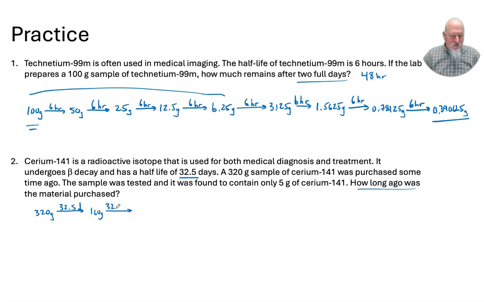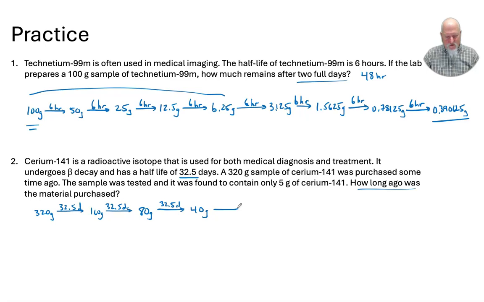If we wait another 32.5 days, we lose another half, so 80 grams. We wait another 32.5 days. We go down to 40 left. Okay, so we start with 320 grams, and after 3 half-lives, almost 100 days, we have 40 grams left.